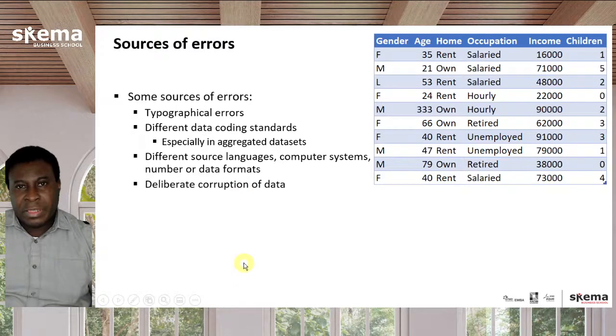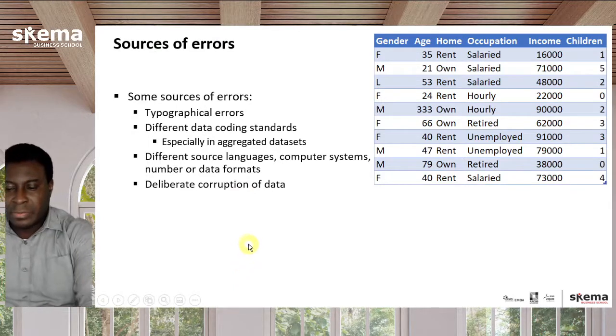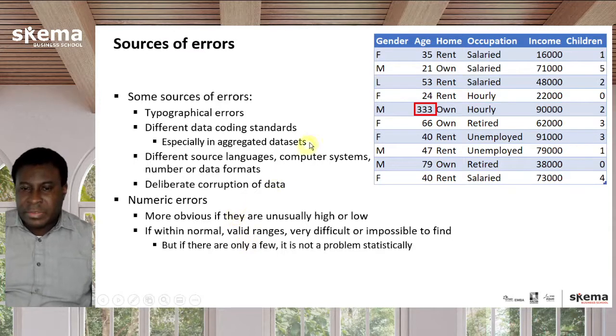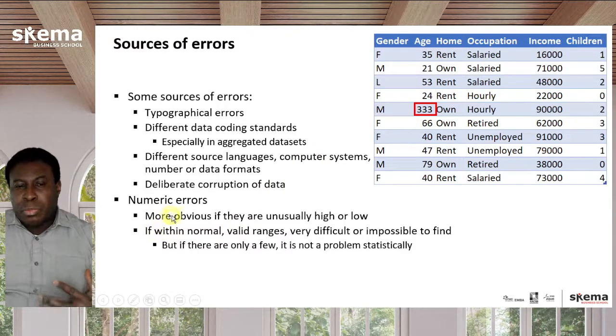So we have some different kinds of errors. There are numeric errors. You might have identified an age of 333 being rather unusual. And numeric errors are more obvious if they're unusually high or low because they stand out. However, when a number seems reasonable, it might be harder to detect.